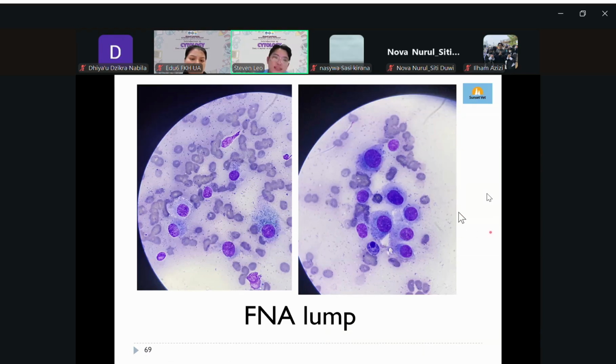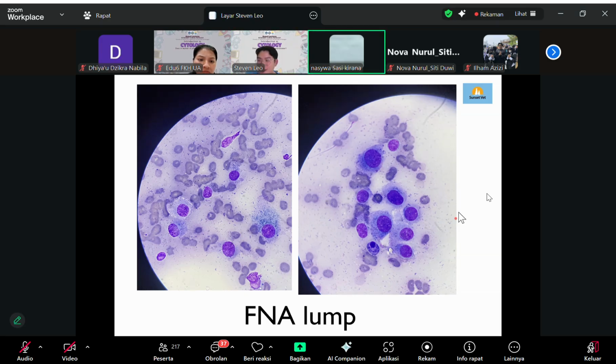What do you think? Is it more cancer or inflammation? Inflamed? Do you see any inflammatory agent? Oh, actually, no.